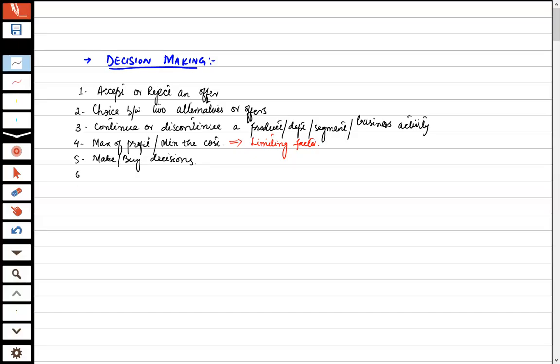Then product mix decisions. Then capacity decisions, whether to run at full capacity or not, or how to maximize the capacity.